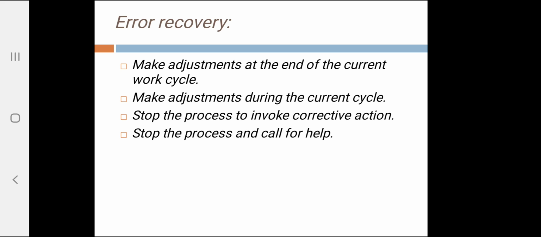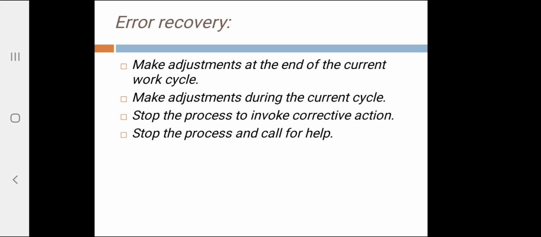The second is make adjustment during the current cycle. So error recovery has 4 types: make adjustment at the end of the current cycle, make adjustment during the current cycle, stop the process to invoke corrective action, and stop the process and call for help. These are the 4 strategies of error recovery.